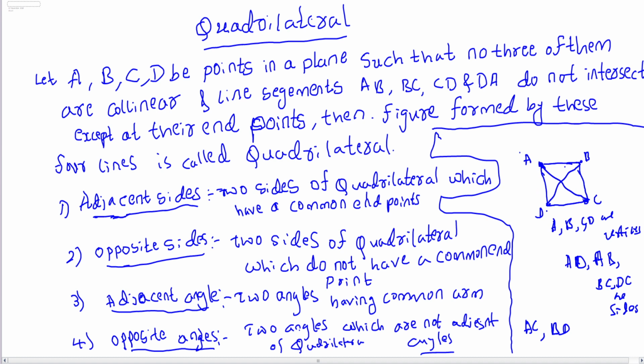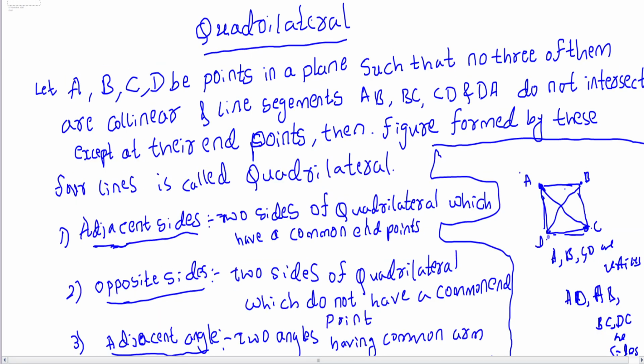AC and BD are the diagonals. Now, what are adjacent sides? Two sides, like AD and CD, are called adjacent because they have a common point. The two sides of a quadrilateral which have a common endpoint are called adjacent sides.